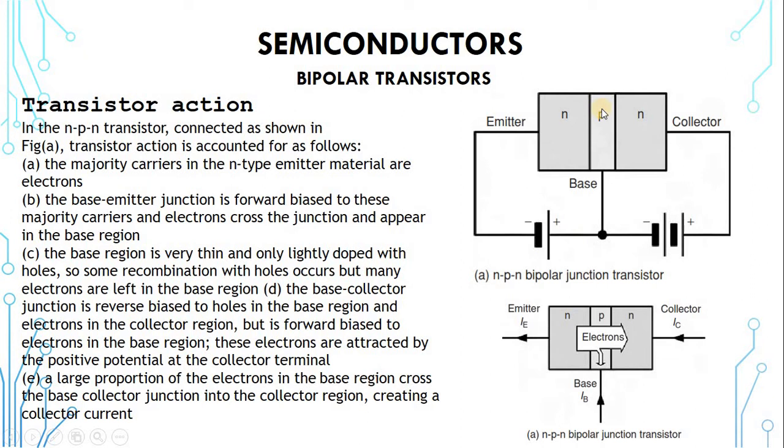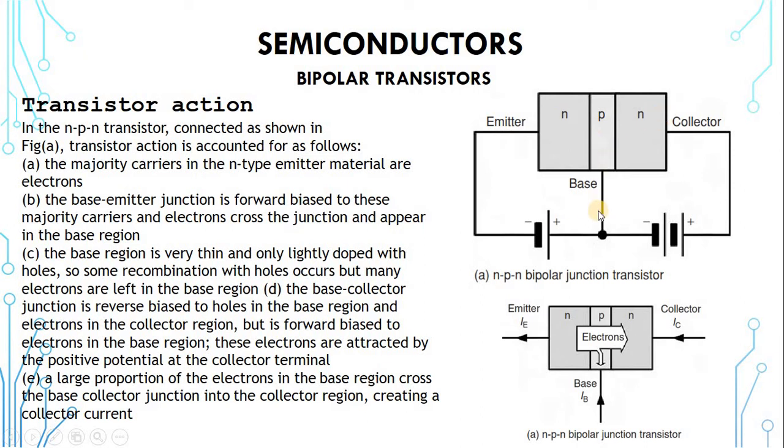But since the base is lightly doped, there are very few holes here. Most of the electrons pushed from the N-type material only have a few holes to occupy, and the rest of them will be pushed here.